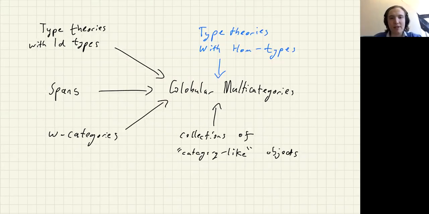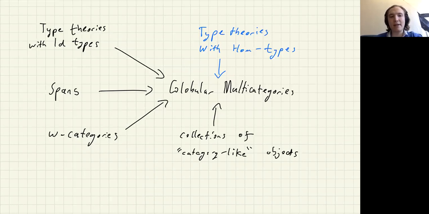So to summarize, we have all these familiar collections of category and higher category-like objects, and we can always organize them into globular multicategories. We can either start off with a type theory, or we can start off with something more from category theory. And these things that we start off with in category theory really are directed in their flavor.